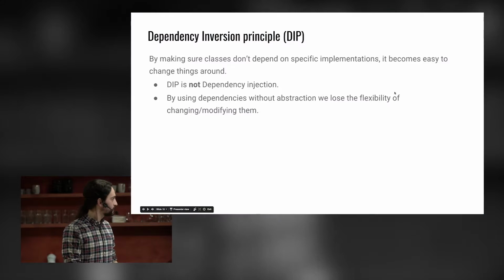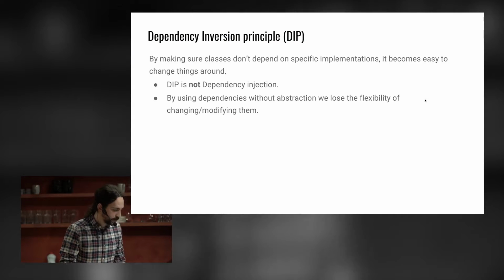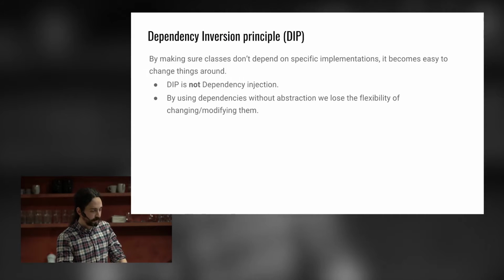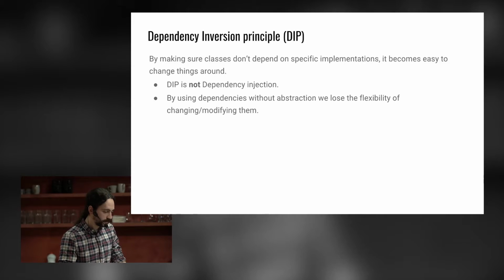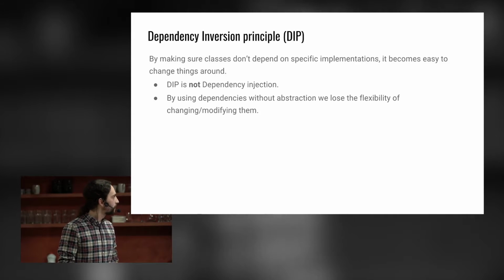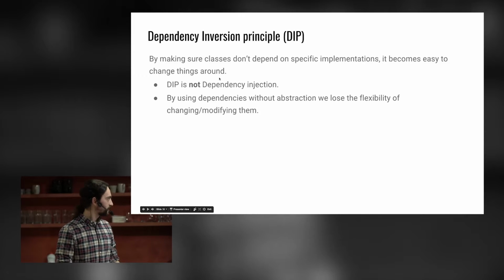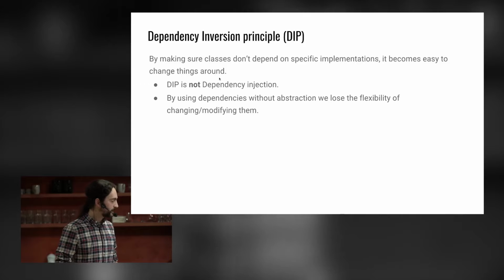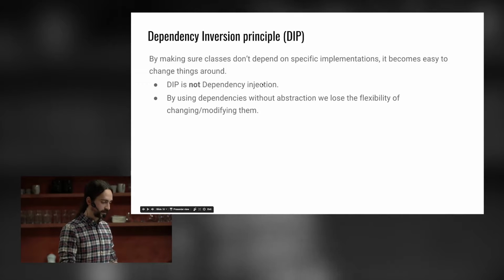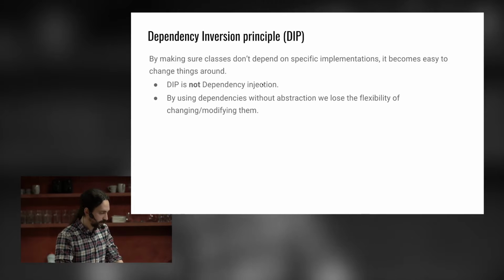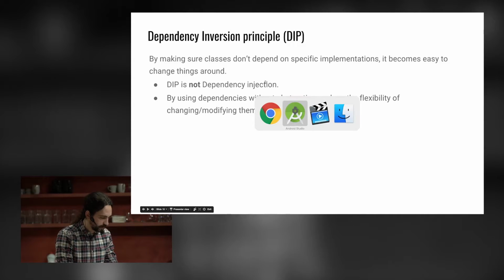But what this means is that if we make sure that we are not depending on a specific implementation, but rather on some abstraction, it's easier to switch those implementations. And this principle, dependency inversion, is not dependency injection. The two terms are related, but they do not mean the same thing. And by using dependencies without abstraction, we lose flexibility. Yeah. So let's see also an example.